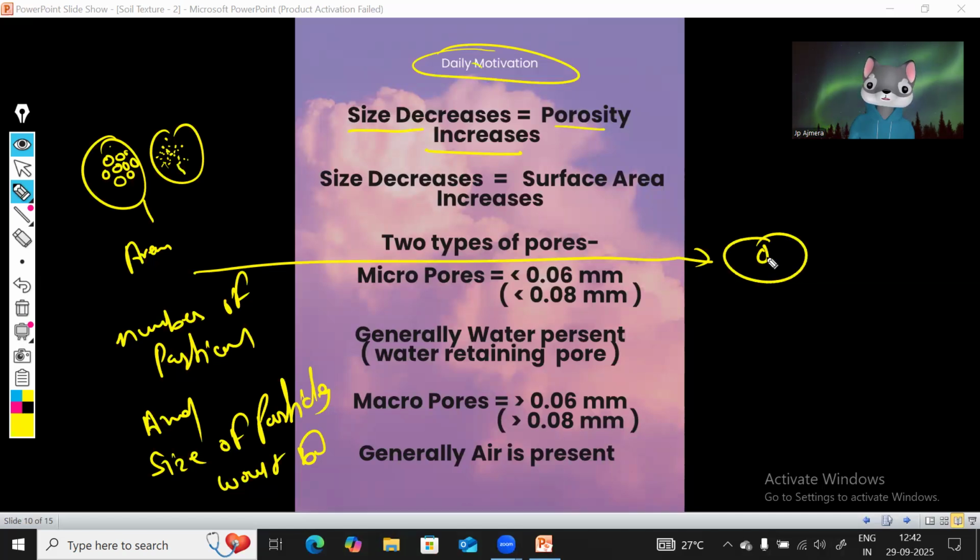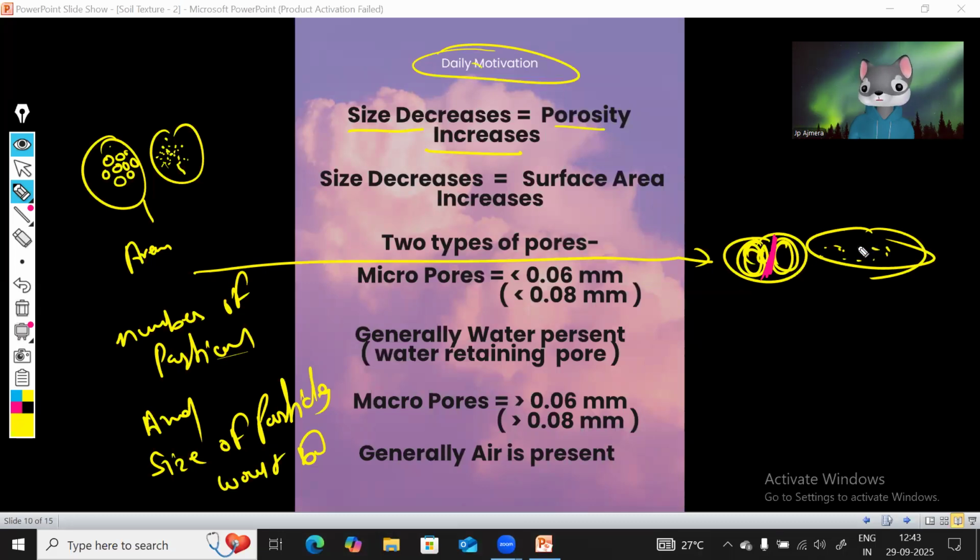There are only two soil particles here, which cover much of the area. We have the same area here, but there the particles are many and the size is smaller, so the surface area is higher.